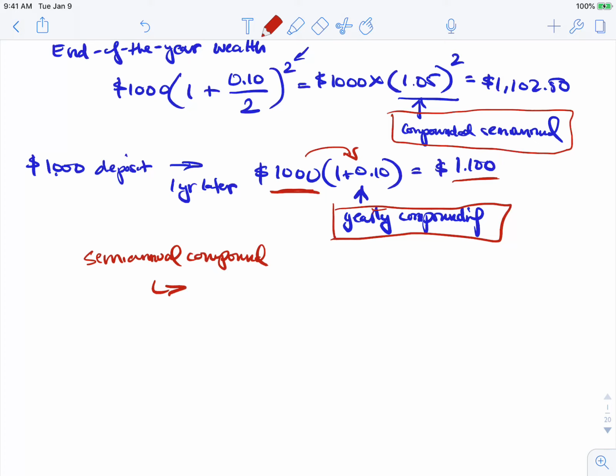You're actually getting what they call interest on interest of 10% over 2, which is 5%. Okay. Everyone get that?